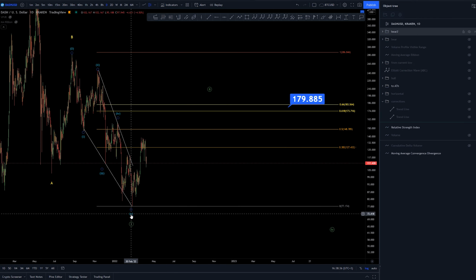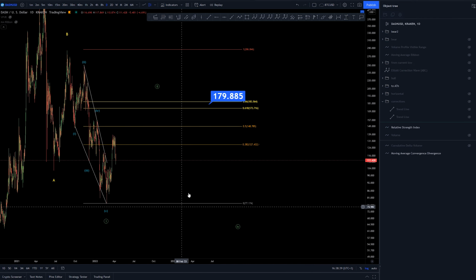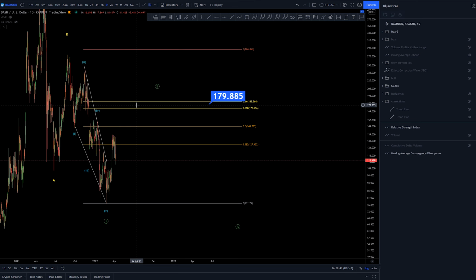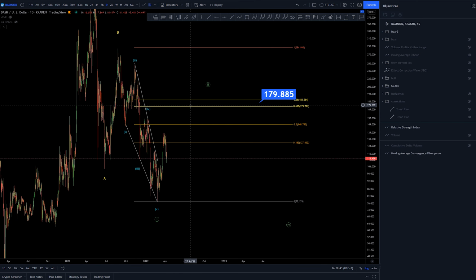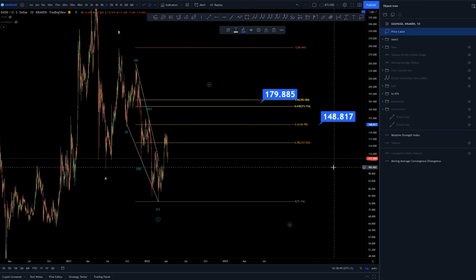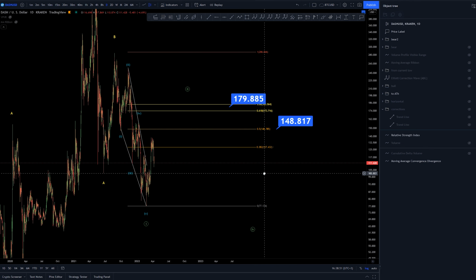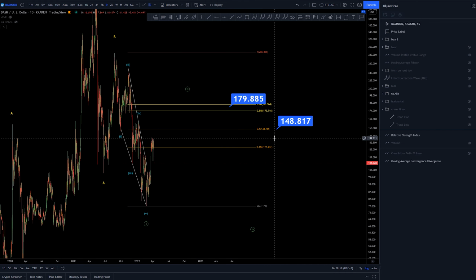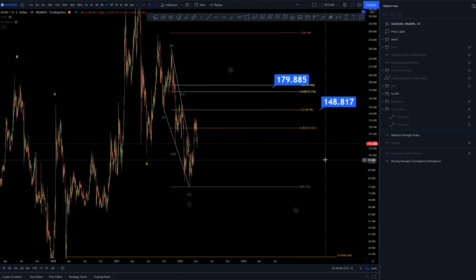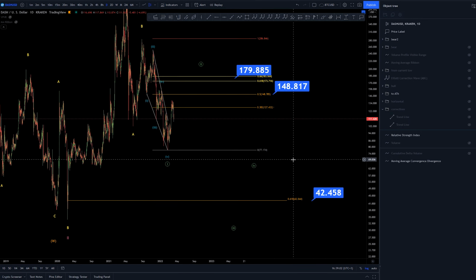Now if this is indeed just a wave 1, we would be expecting a pullback up higher correctively into around this golden pocket, around 180. The lowest that I could get or expect is this 148, as it is the 50% retracement for this move.